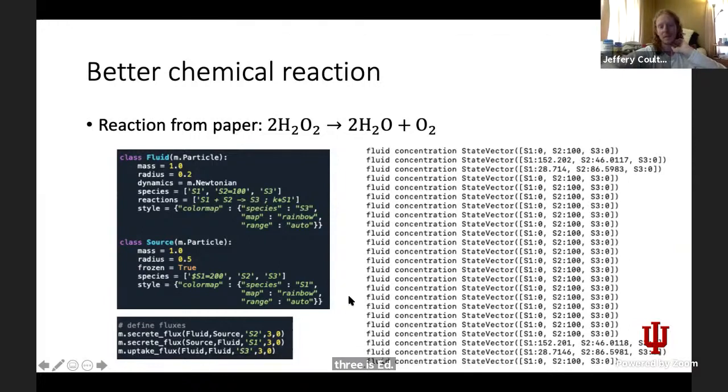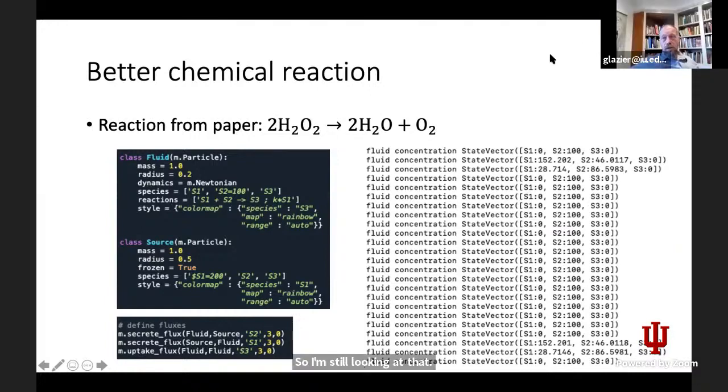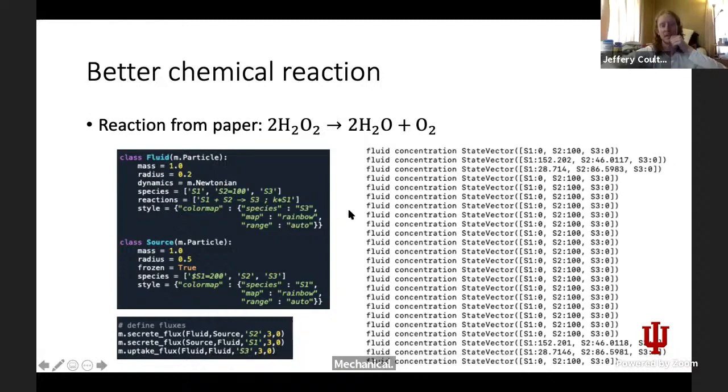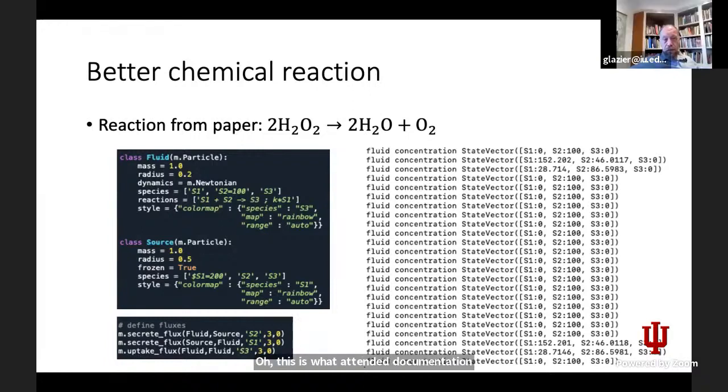So I'm still looking at that. And I'm not sure how you specify reactions in Mechanica. This is what I found in the documentation. I didn't ask Andy about this yet. So does it follow antimony syntax or something else?